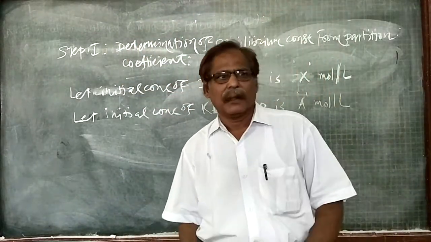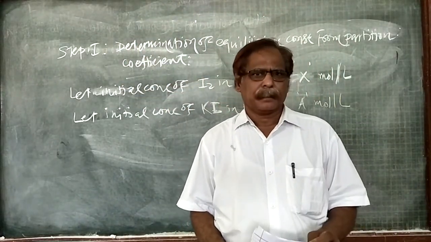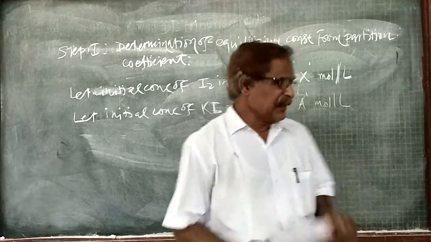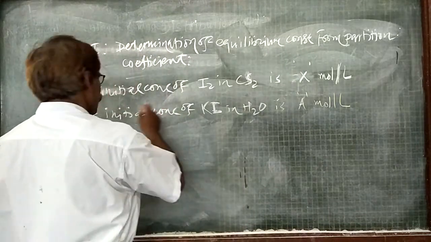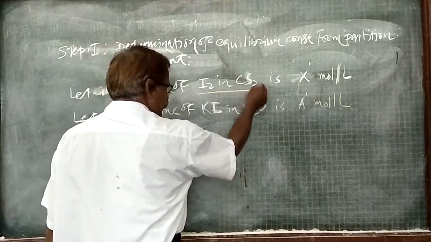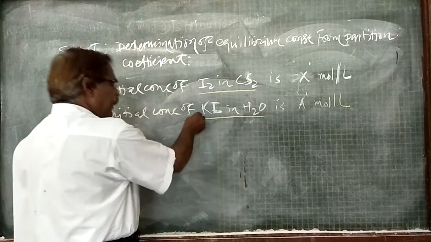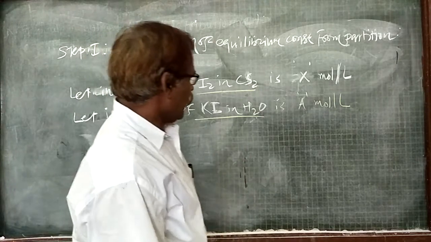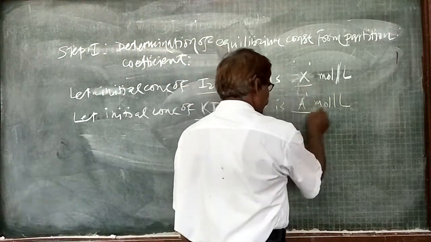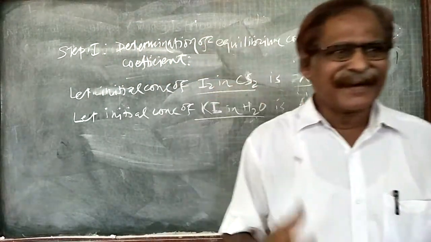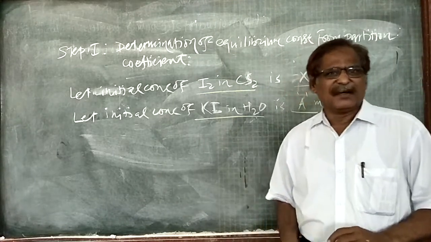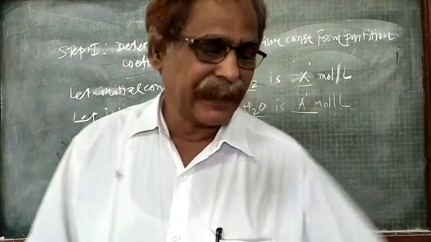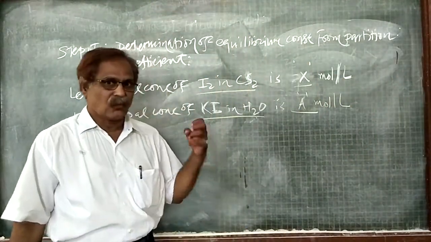Okay, let us suppose we have taken these two solutions, iodine in CS2 and potassium iodide in H2O, of course of certain concentrations, and shaken vigorously for an hour at 298 degrees centigrade. So what will happen?